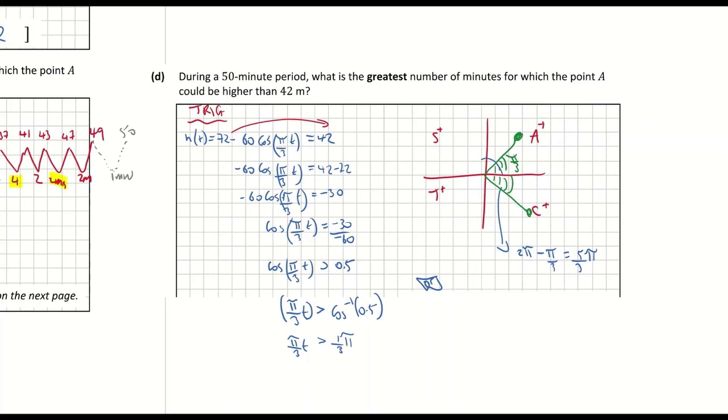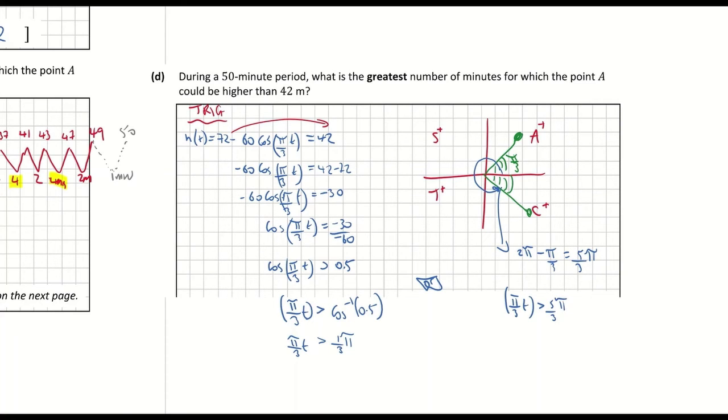So that's the angle from here to here, basically. That's 5 over 3 pi. So I also have pi over 3 times t is greater than 5 over 3 pi.